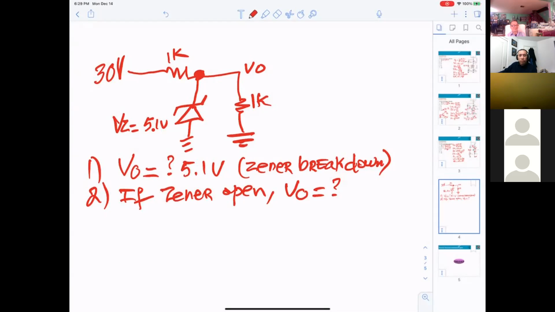If it's open, that means you don't have a Zener here. So you want VL as just a voltage divider, equal to 30 times 1K divided by 2K, which is 15 volts.